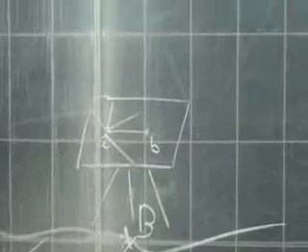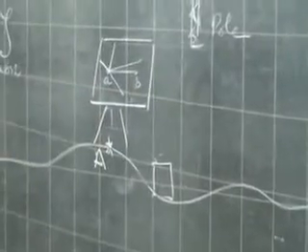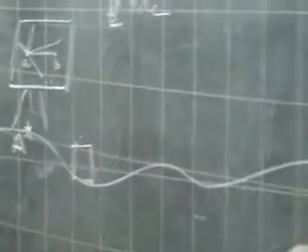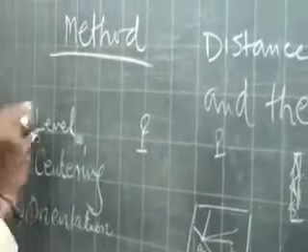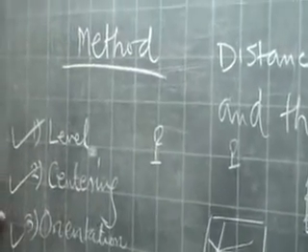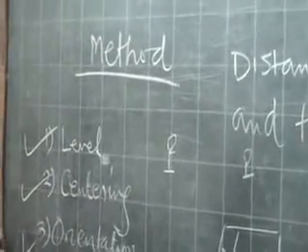These are the rays drawn. When I am finishing my work from A and shifting to B, again at this particular point we have to carry out these three steps. At point B, again we have to do leveling, centering, and orientation of the plane table.